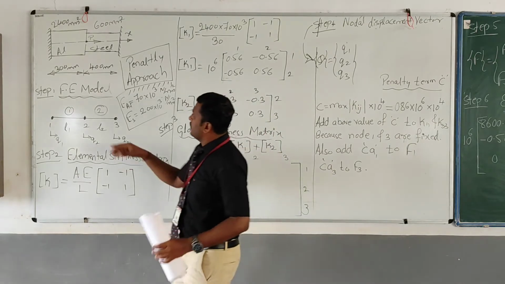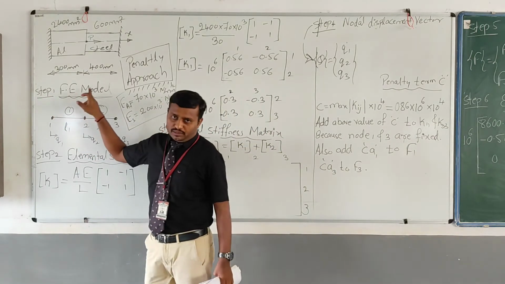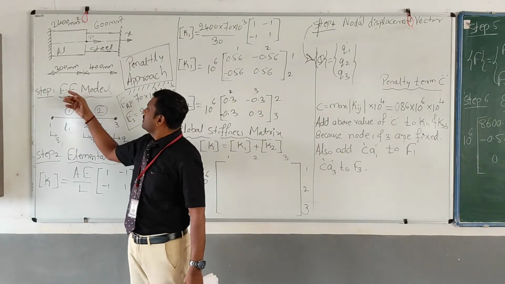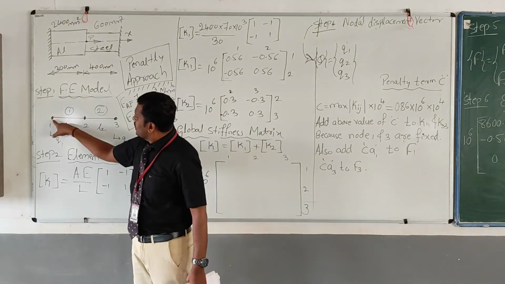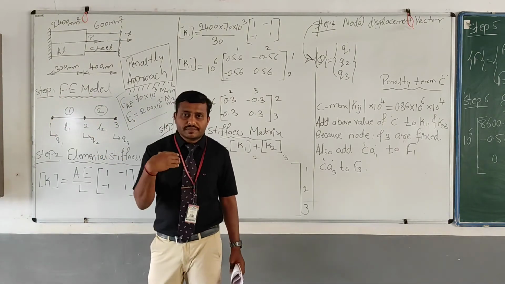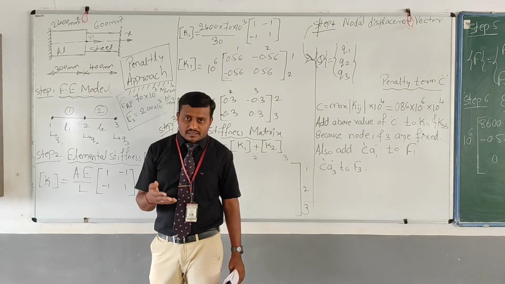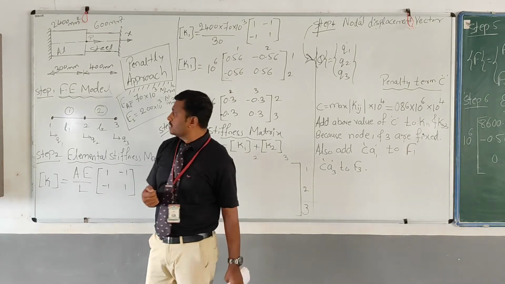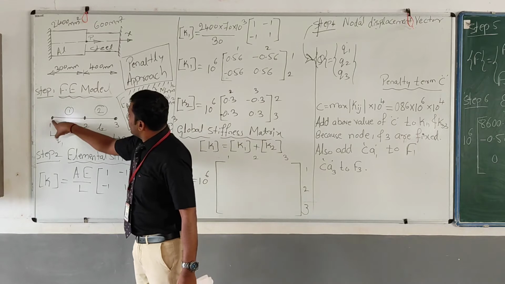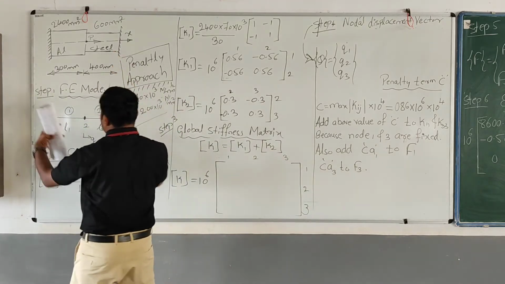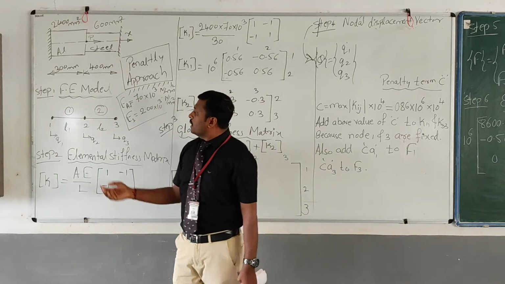First step is drawing the FEA model or discretization. First, I will draw the line diagram. Here I have to represent nodes, elements, and the given boundary conditions. Say I have drawn a line diagram of similar length. Now, where do I have to take the nodes?